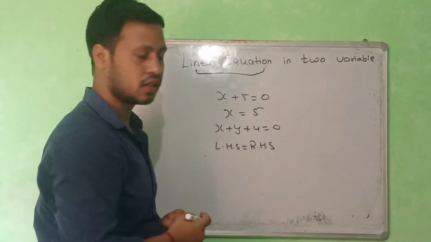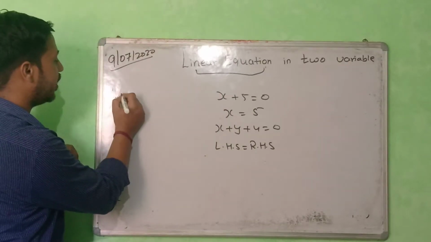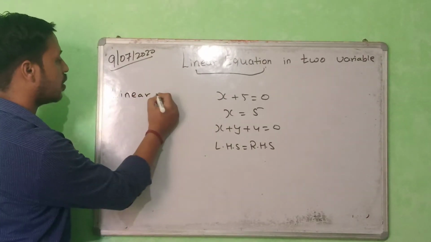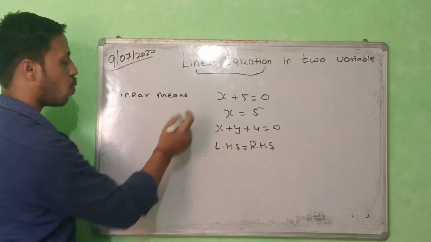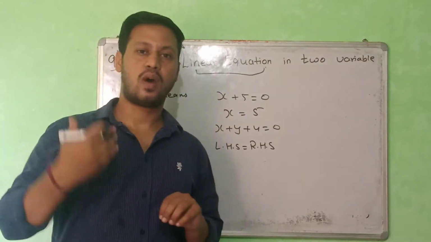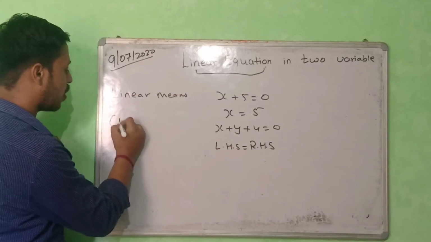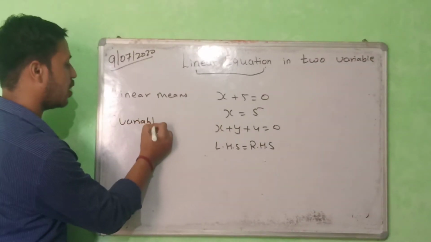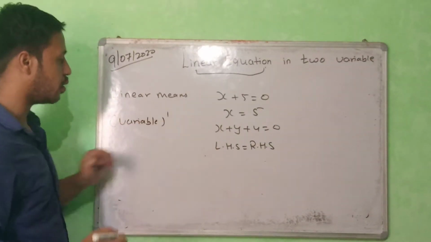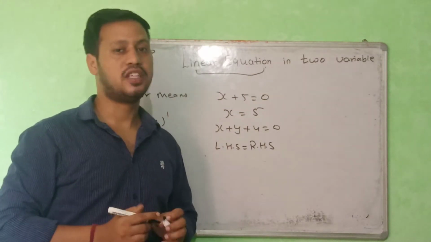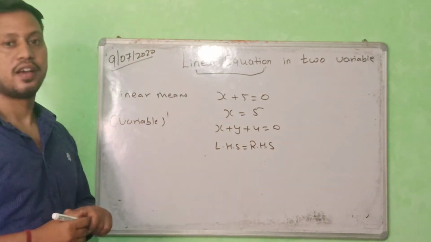Now, after this, we will talk about linear equation. The term linear means whenever the power of a variable is 1, we say that it is a linear equation.